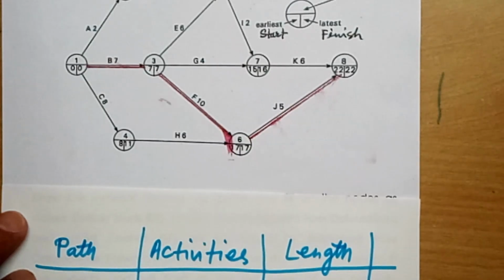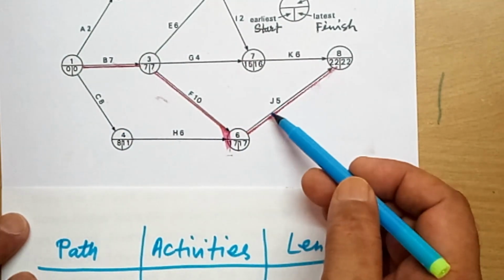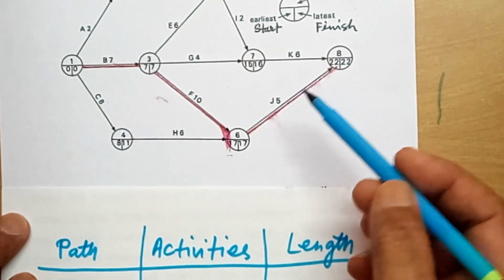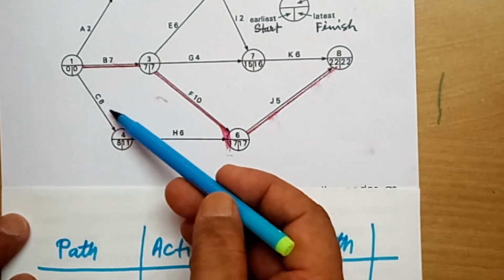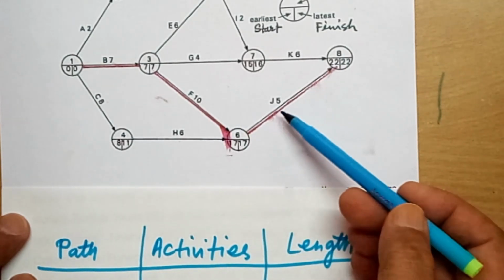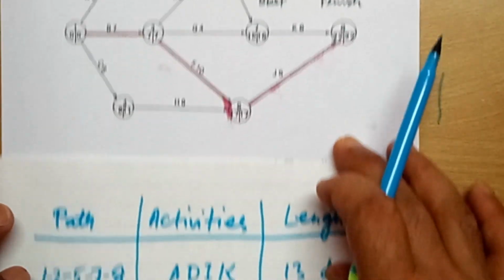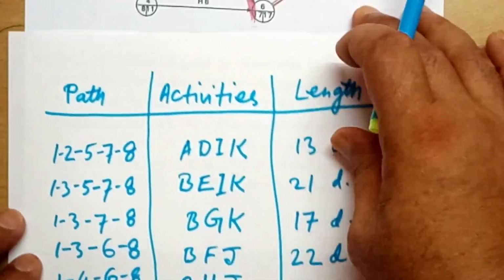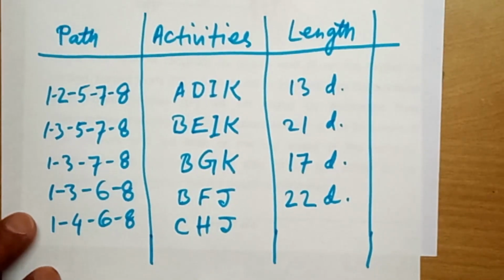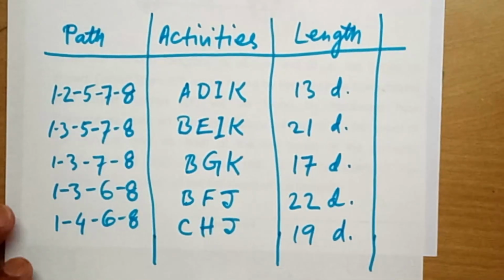Now the last one, CHJ, by activity. What is the duration of this path? 8 plus 6 plus 5. 8 plus 6, 14, plus 5, 19. So the duration of this path is 19 days.